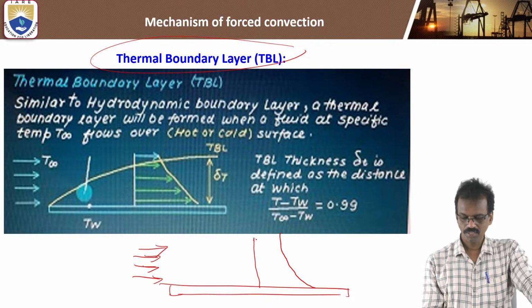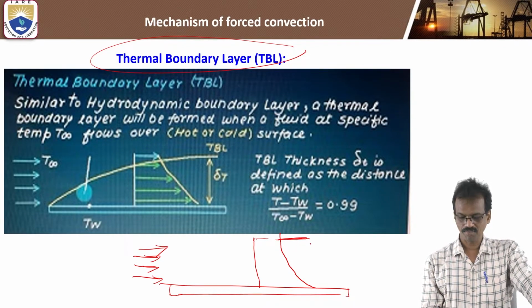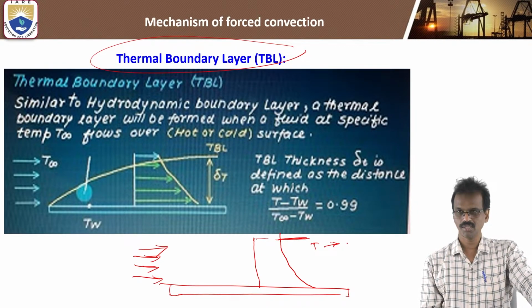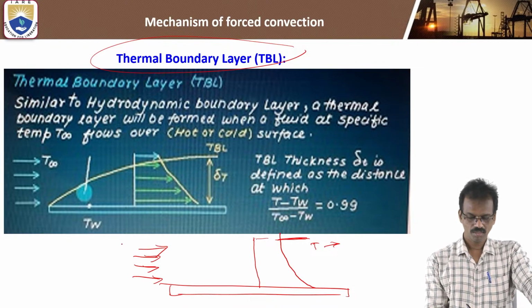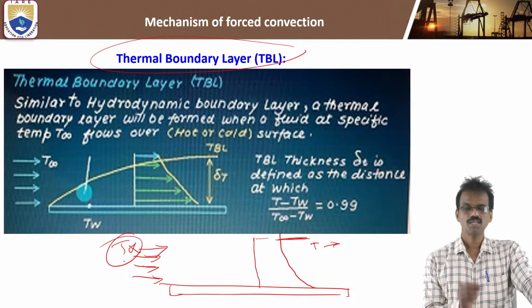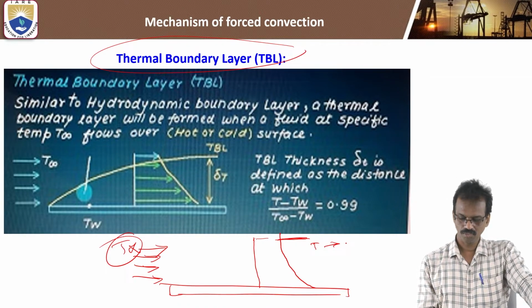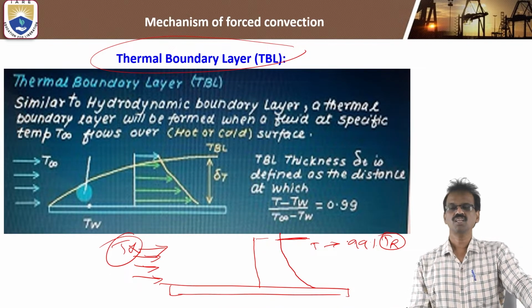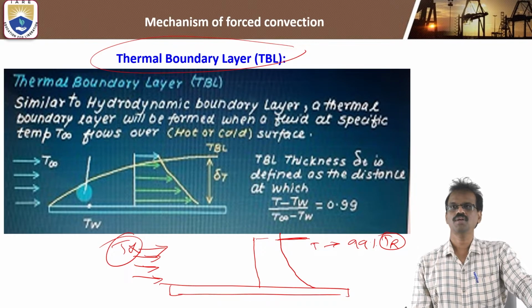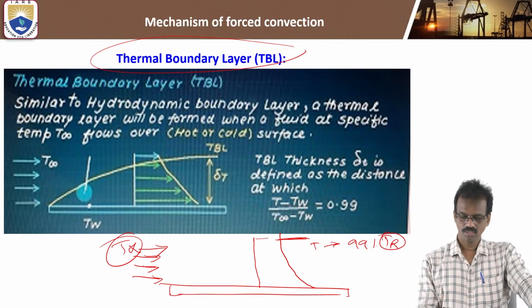At a particular height, at a particular point, the temperature reaches very near to the free stream temperature. It means the value is 99% of the fluid temperature. Not equal, but very near to that value, so we can take that one.